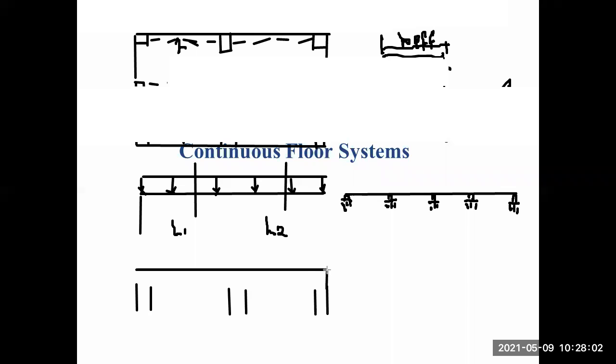So this system would be supported on 3 columns. The beam is continuous for 2 spans and supported on 3 columns.